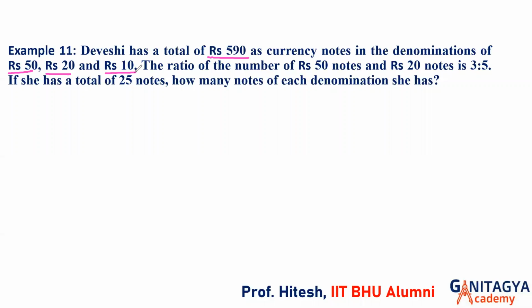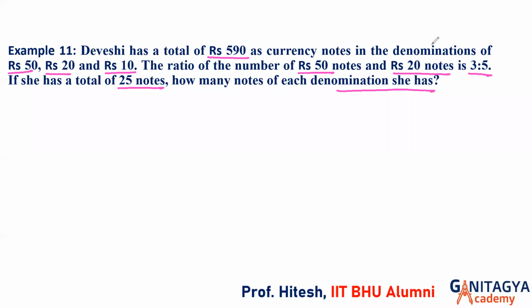The ratio of number of rupee 50 notes and rupee 20 notes is 3:5. If she has a total of 25 notes, how many notes of each denomination does she have? Very nice question. Take your time and try to solve it, and then I will solve.